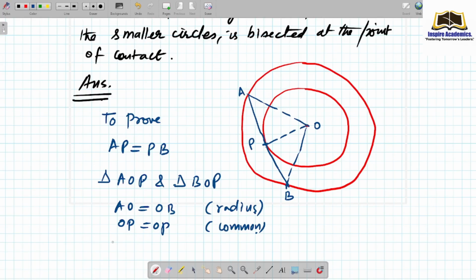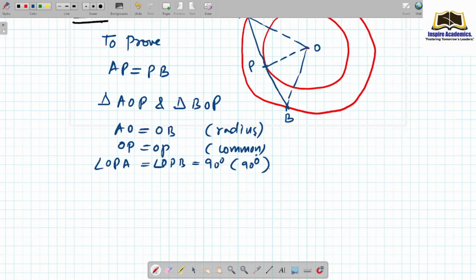And then I would say angle OPA equal to angle OPB. Also it is equal to 90 degrees. Yes. So this is 90 degrees, and we have already studied this in Theorem 1. Yes, sir. So what can we say about it? Triangle AOP is congruent to triangle BOP.